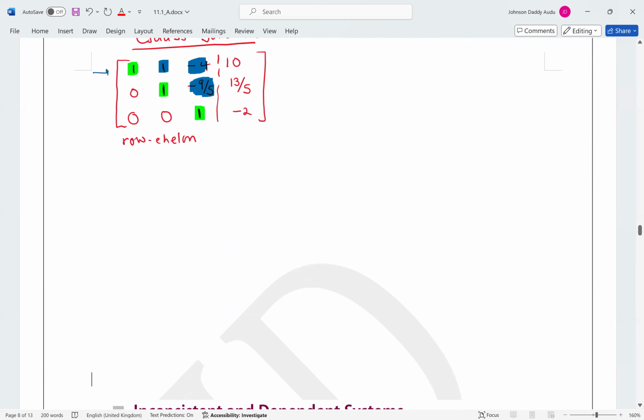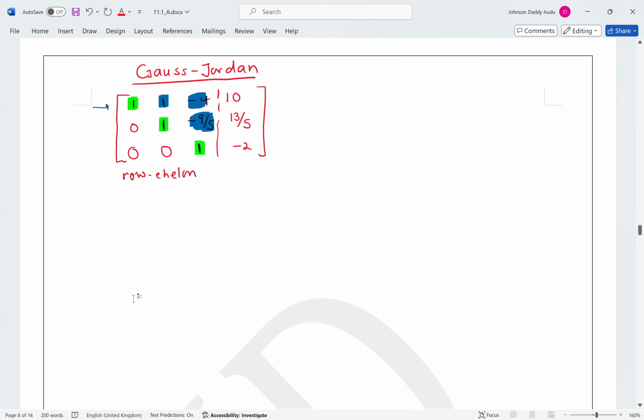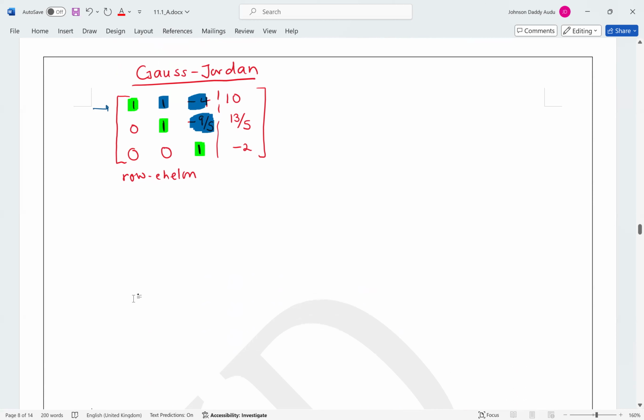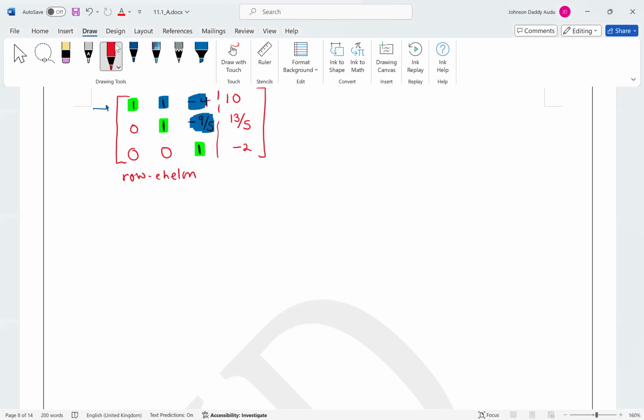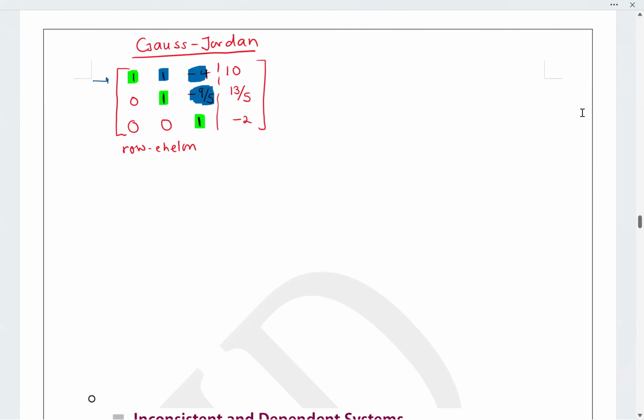Okay, now if you look at this, what we can do to make this 0 is by what? So now we have to apply some row operations so that we can convert this to 0, and that we can easily do.